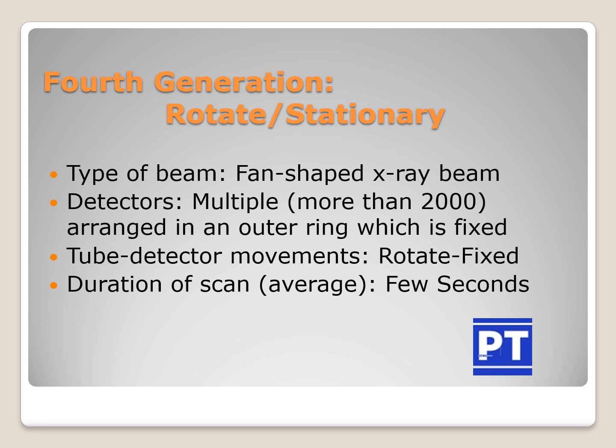The detectors have increased to more than 2000, arranged in an outer ring which is a fixed detector. So what is stationary? The detectors are stationary and the X-ray tube is rotating, and the tube-detector movement is rotate-fixed. The duration of this scan averages about a few seconds.